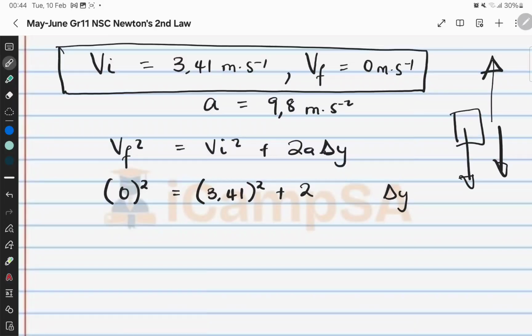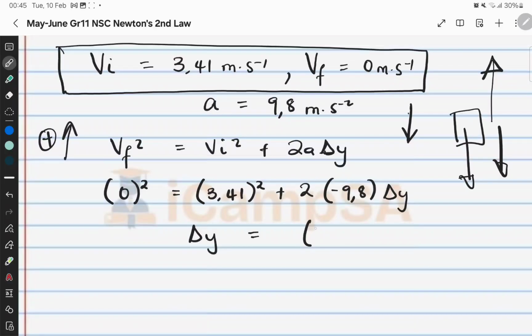But in this case, there's also an issue of direction. Remember, we said upwards is positive for block A. And since A is trying to move this thing downwards, we will make it negative when we plug it in here. Then you can make delta y the subject of the formula and solve.